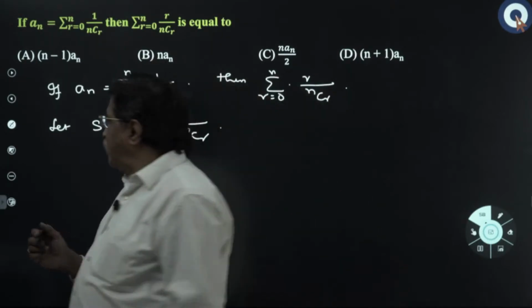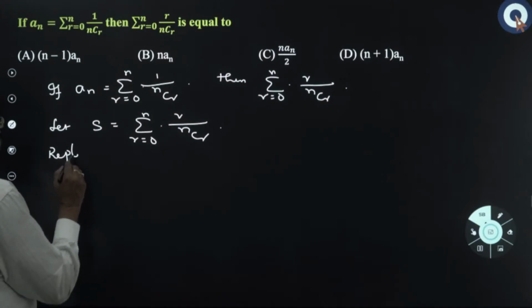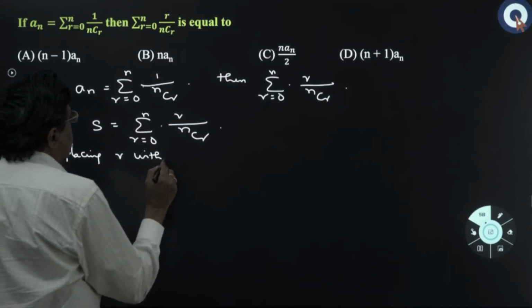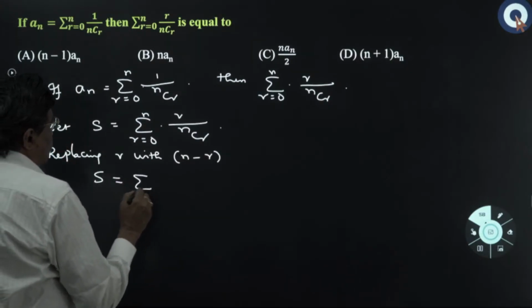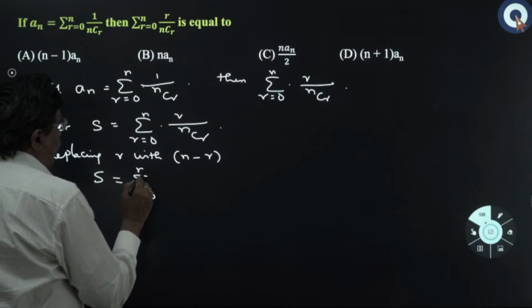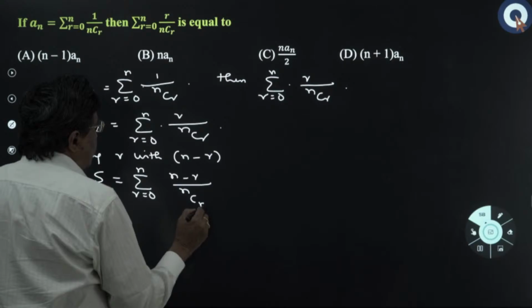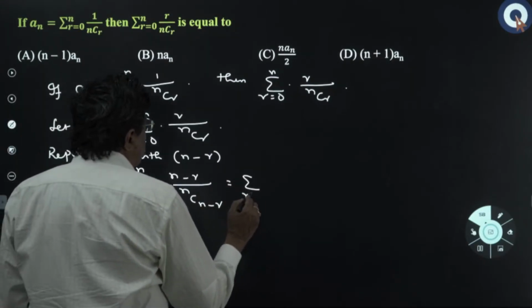So replacing r with n - r, we get S = sigma r = 0 to n of (n - r)/nC(n-r), and nC(n-r) is again nCr only.